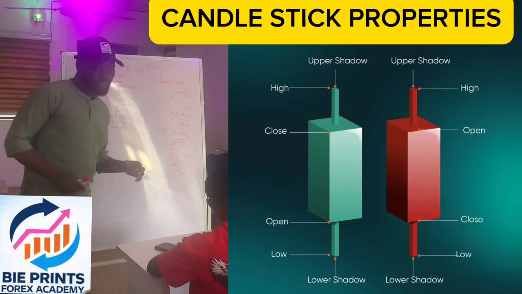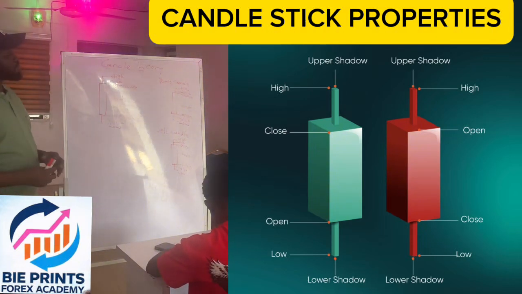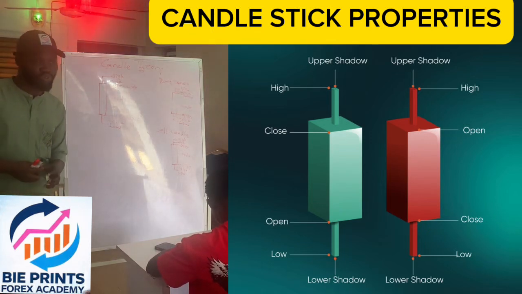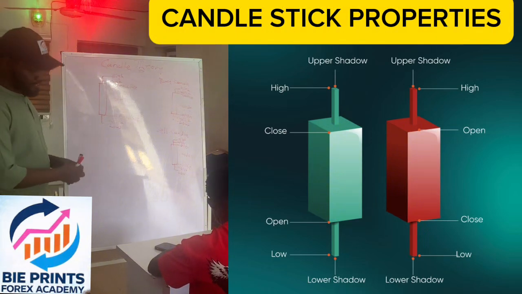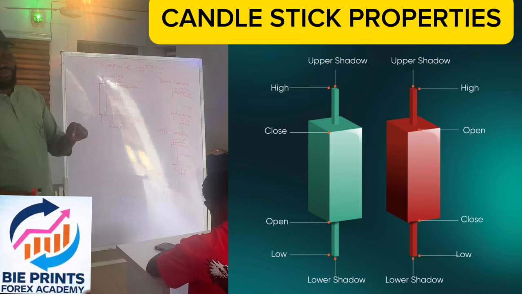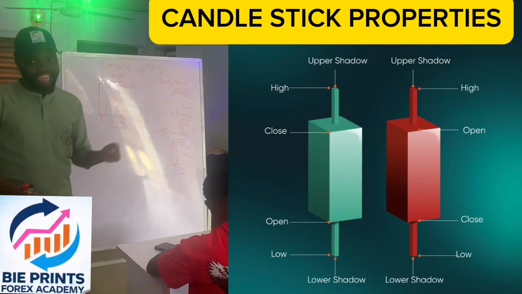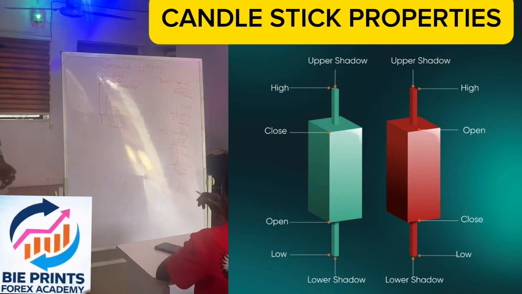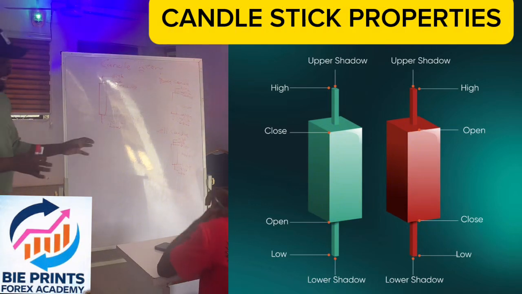Remember when I was showing you your candle formations under support and resistance, I told you that for a candle to form, it has to do with timing. It must form with respect to time. The candle forms at a particular time.